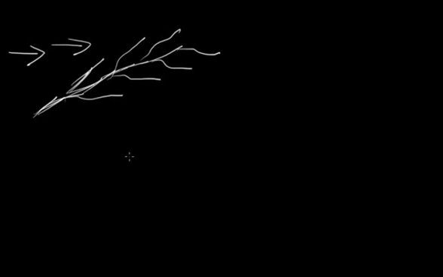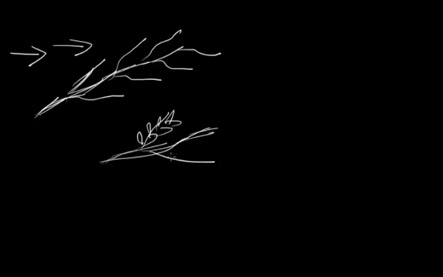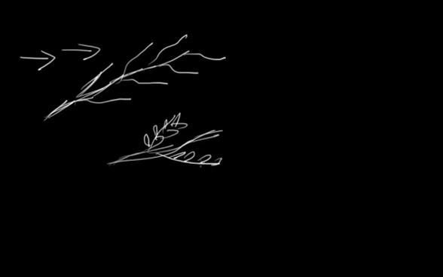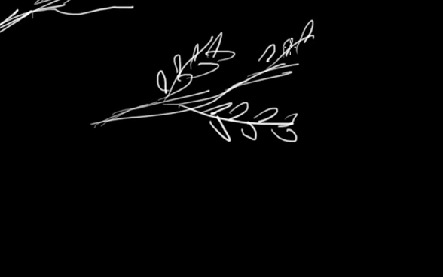Similarly, in the case of plants living in very windy areas, you may see leaves which are quite small, or something which is maybe shaped like spines or something like that.